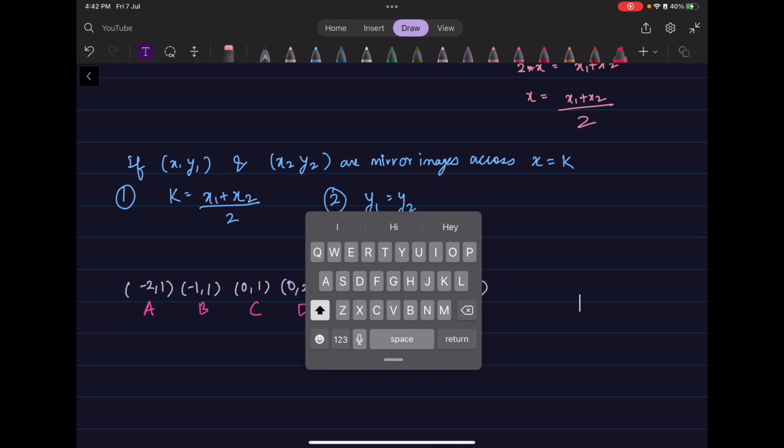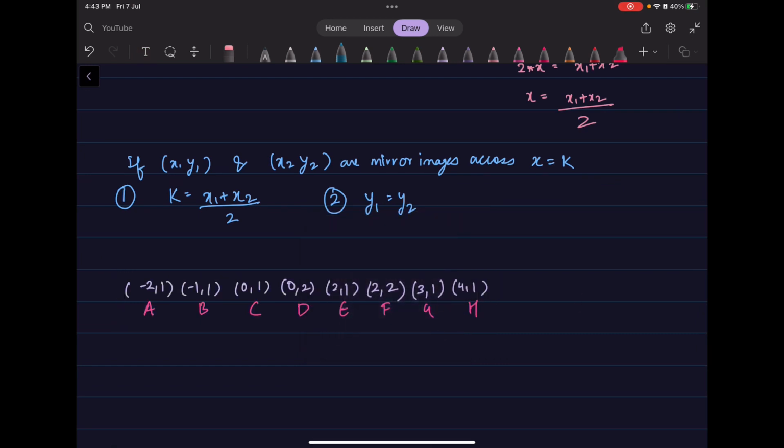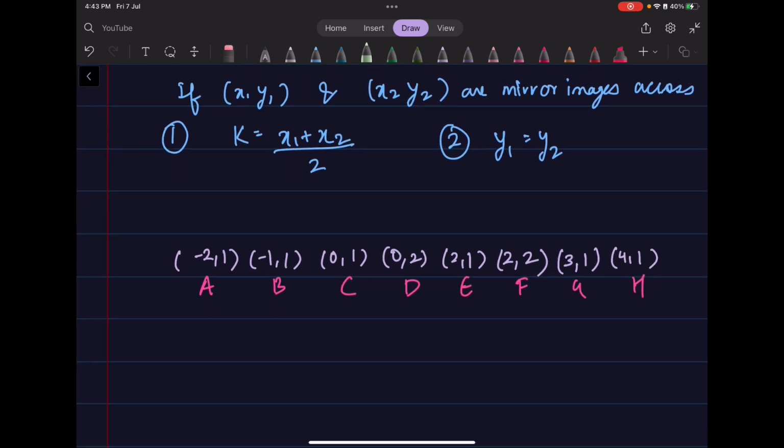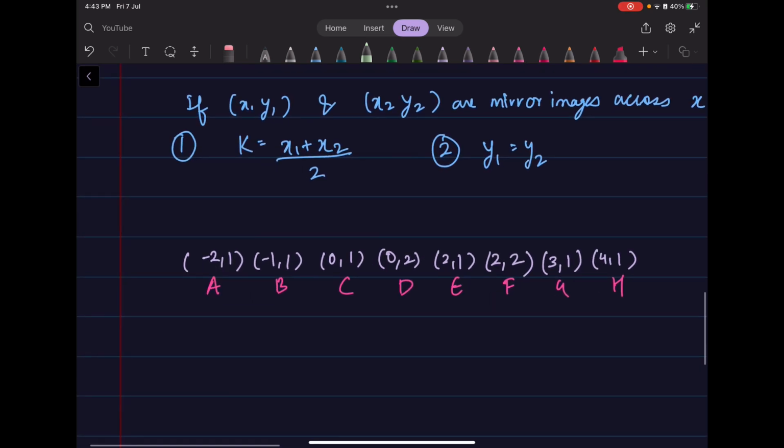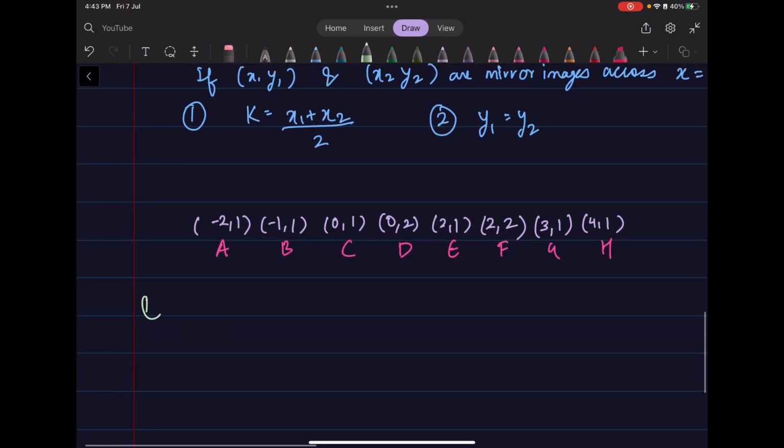Anyways, if you see these points, say I pick any point. There are two possible ways to do it. Either you assume the value of this constant and check, for every point, whether you are able to get a mirror image.